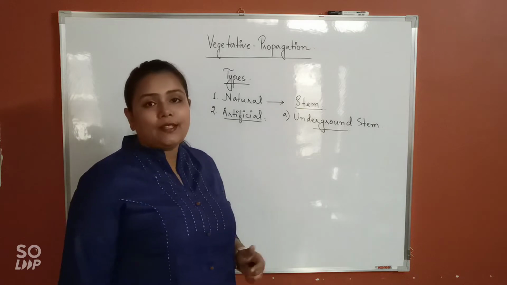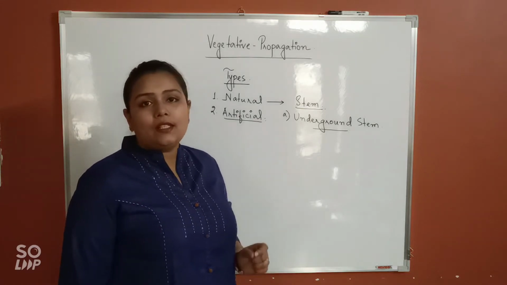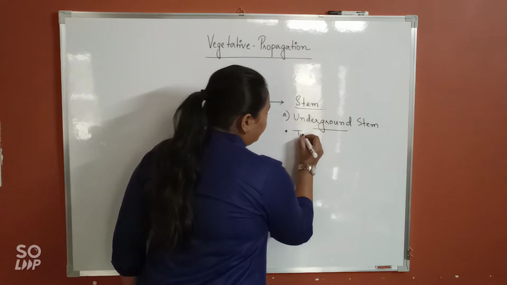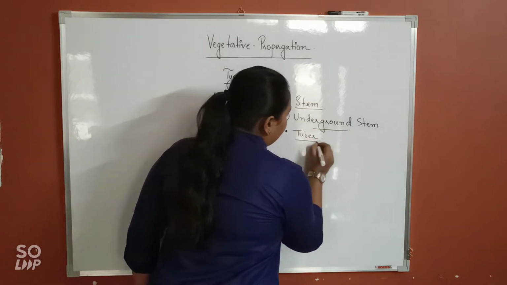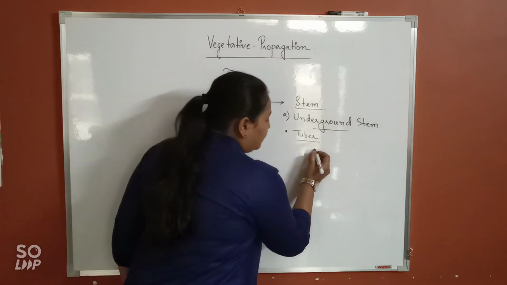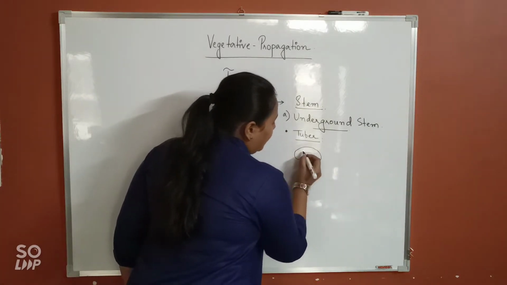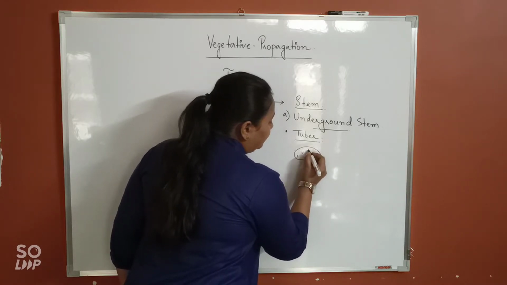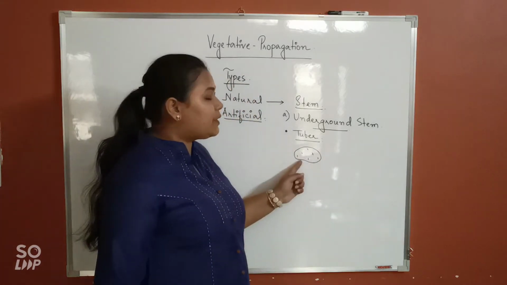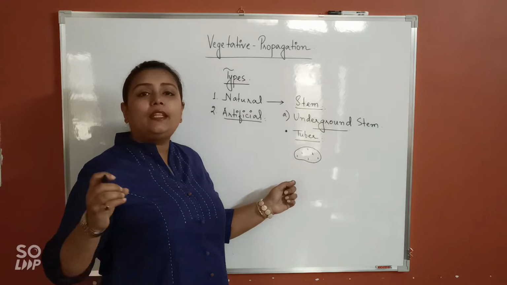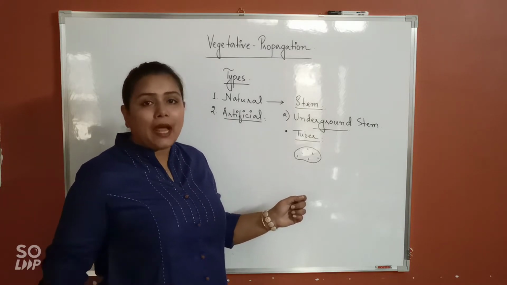So among the various underground stems, let us discuss the first one, that is tuber. Tuber, if you remember, the structure is spherical to oval, and these swollen structures are going to be present at the tip of underground stem branches.